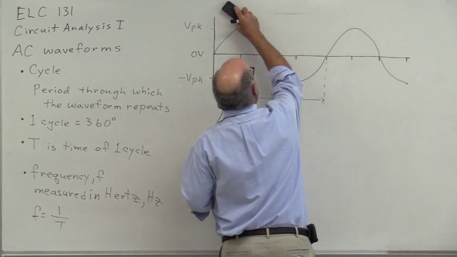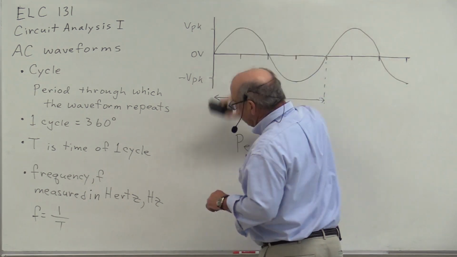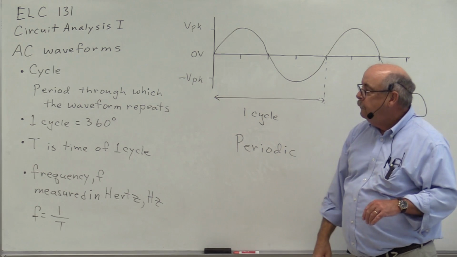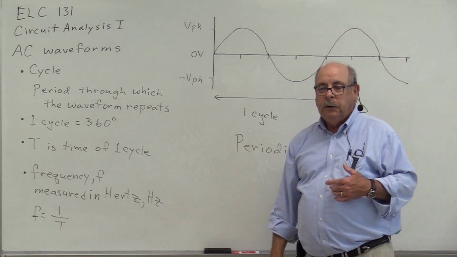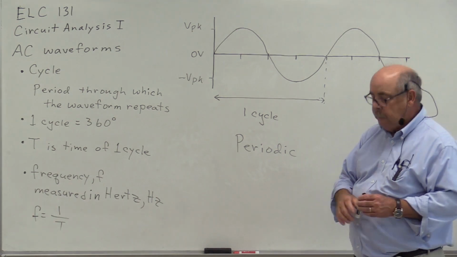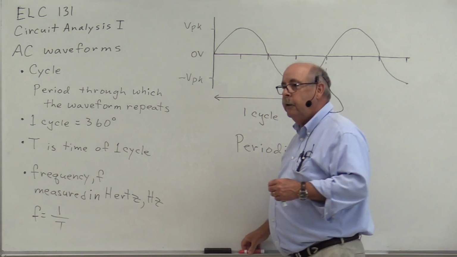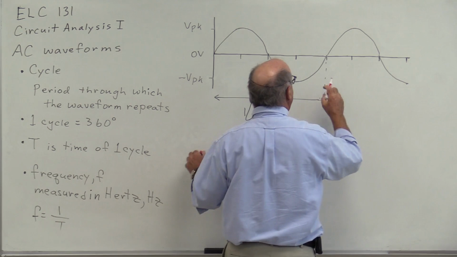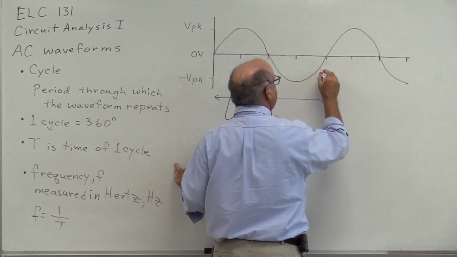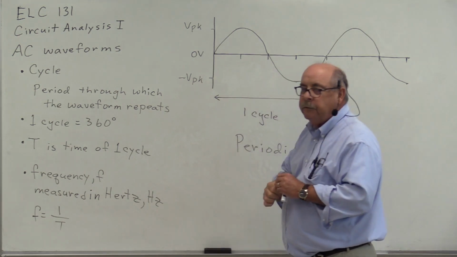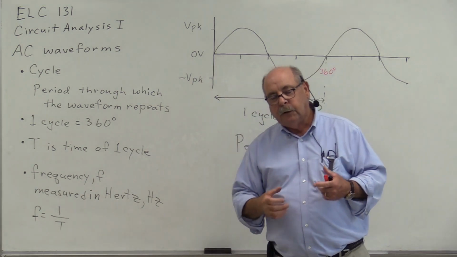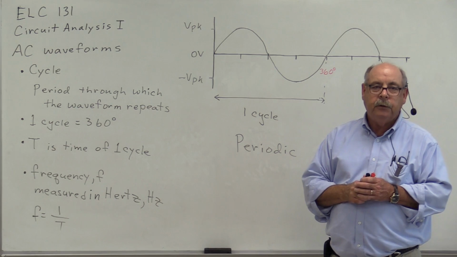Now, in ELC 131, in the electrical and electronics classes, we will always define one cycle as being 360 degrees. Just like the circumference of a circle is 360 degrees.